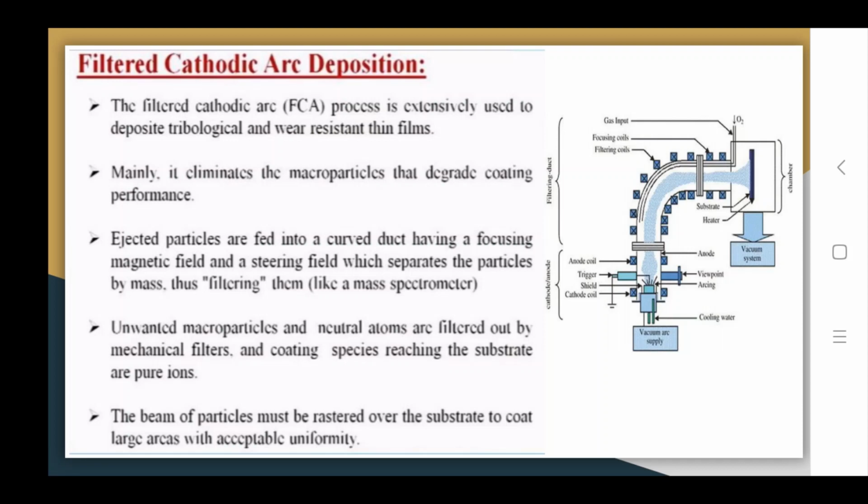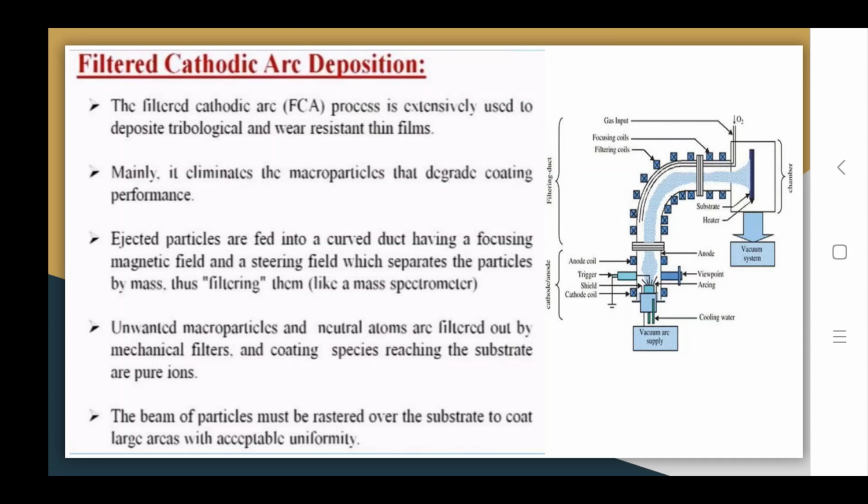A steering field separates the particles by mass, thus filtering them like a mass spectrometer. Here there are several filtering coils which absorb the bigger particles and only allow the small particles to go. Then unwanted macroparticles and neutral atoms are filtered by the mechanical filter, and what reaches the substrate is pure ions.